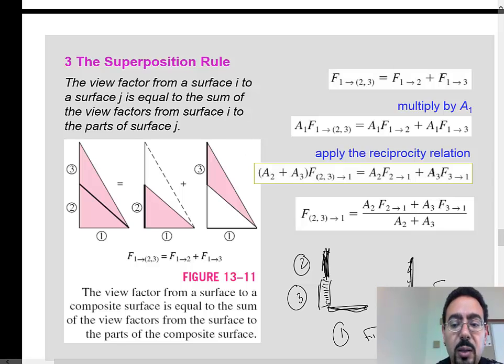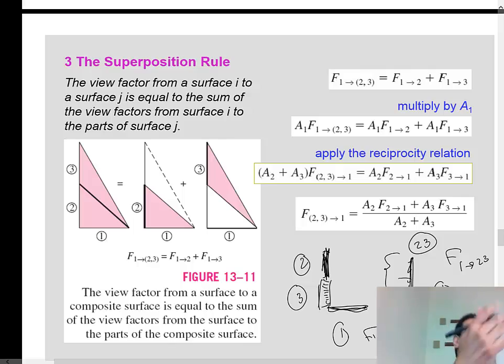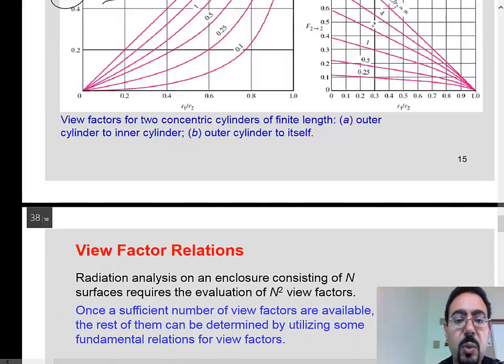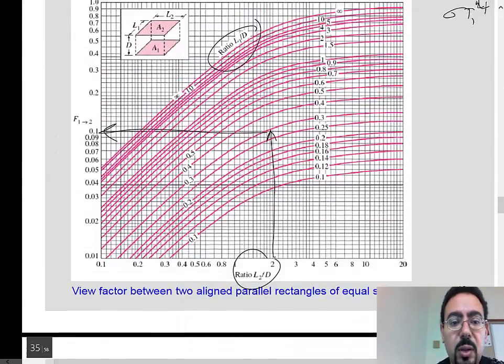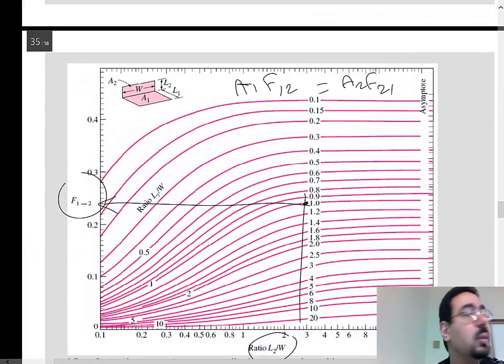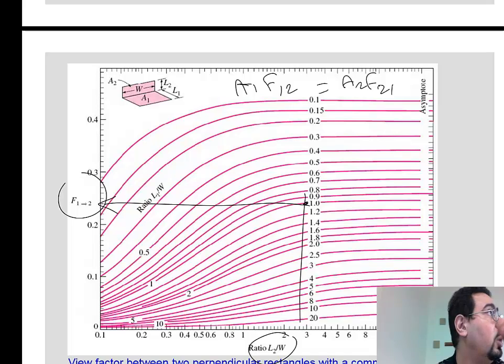If you consider the base as 1, and the two of them together as this new surface called 2,3, you can calculate F1 to 2,3 from the chart, this chart or this equation here. You come here and you read like this. Here's one plate on the floor, one plate vertical. You can calculate F1 to this 2,3.